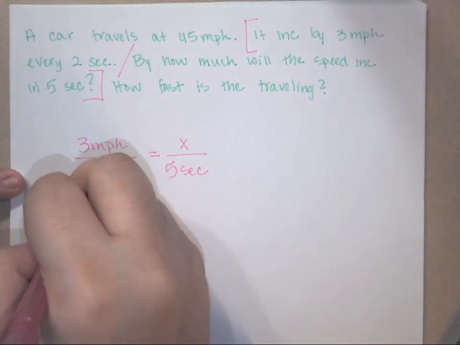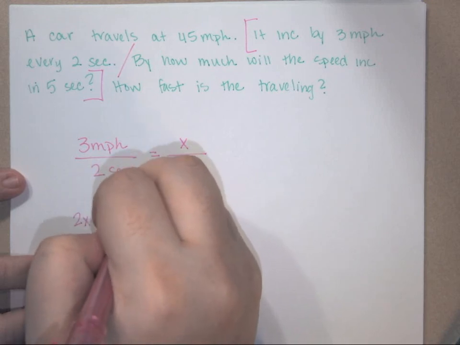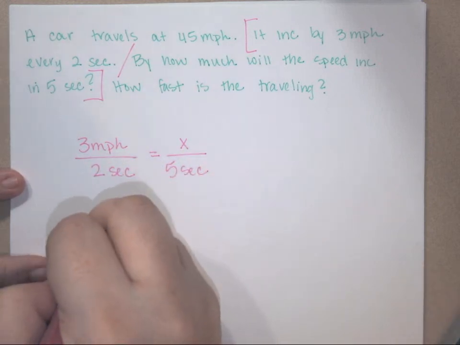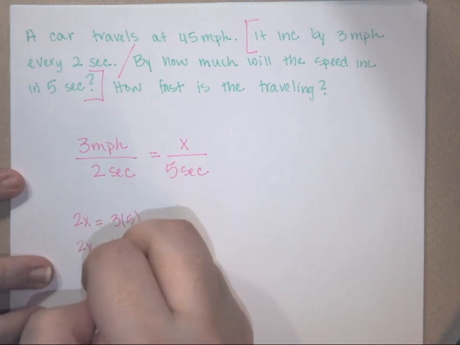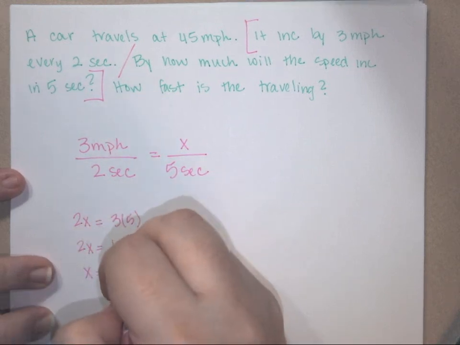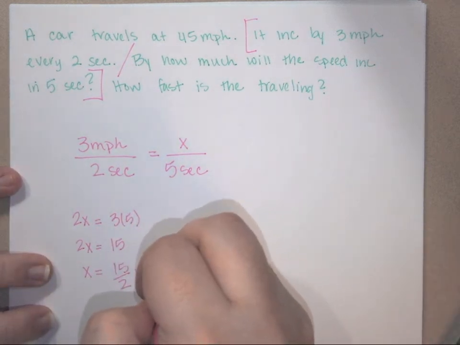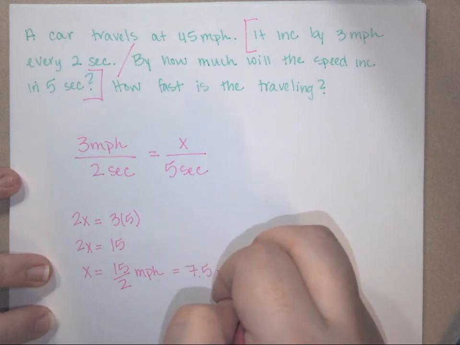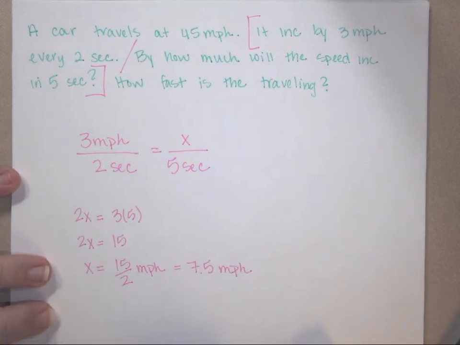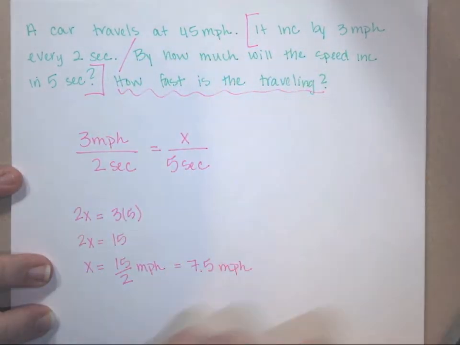So in this case, we would have that 2x is equal to 3 times 5. So 2x equals 15. So x equals 15 divided by 2 miles per hour, which in this case is going to be 7.5 miles per hour. Now with that, we also have to answer the secondary question, which says how fast is the car traveling?